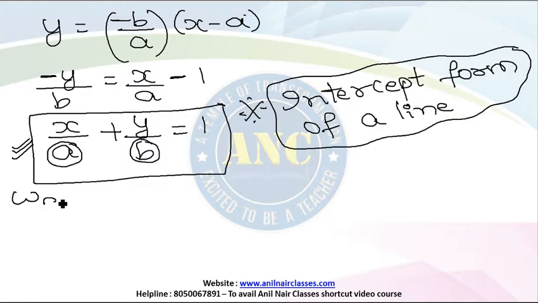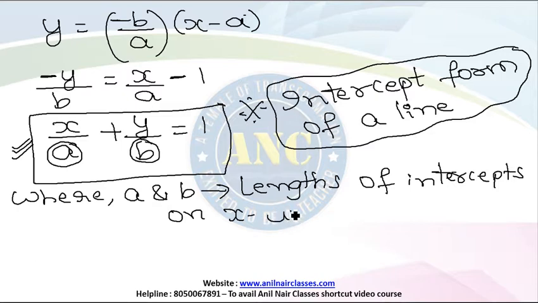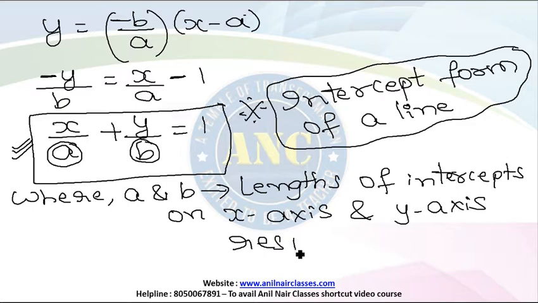And what are that a and b, sir? Let me write down one more time for your better understanding, where a and b represent the lengths of intercepts. These are nothing but the lengths of intercept on x-axis and y-axis respectively. That means on x-axis, x-intercept is nothing but a, y-intercept is nothing but b.